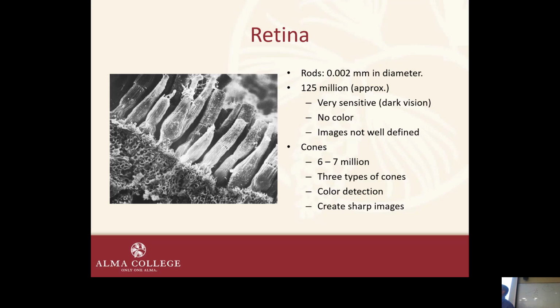And women, they have what are called tetrachromats. I don't know how high the incidence is, but there are some women that have 4 photoreceptors instead of 3. And you can tell when someone has 4 photoreceptors by the way they describe colors.